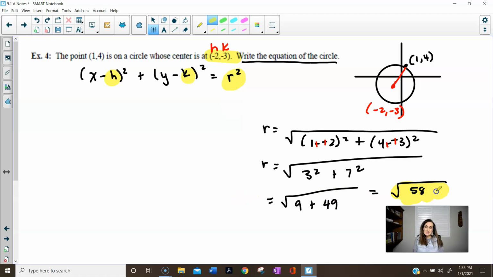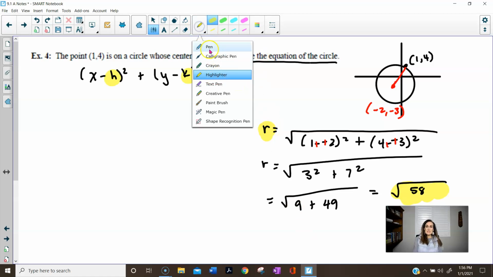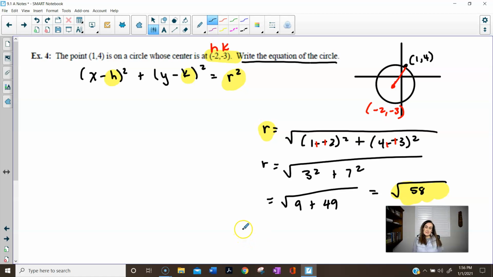And this is what r equals. So r equals the square root of 58. So I still need to rewrite this as r squared, which would be the square root of 58 squared. So basically I'm squaring both sides, and then the square and the square root will cancel, and r squared is simply 58. So now I'm ready to write the equation.